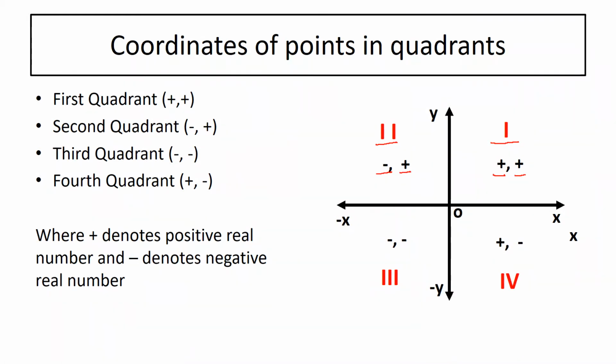In the third quadrant, both the x-coordinate and y-coordinate will be minus. In the fourth quadrant, the value of the x-coordinate will be positive and the value of the y-coordinate will be negative, where plus denotes a positive real number and minus denotes a negative real number.